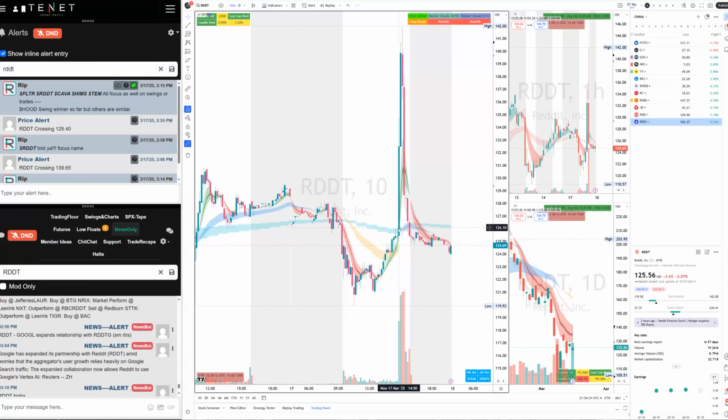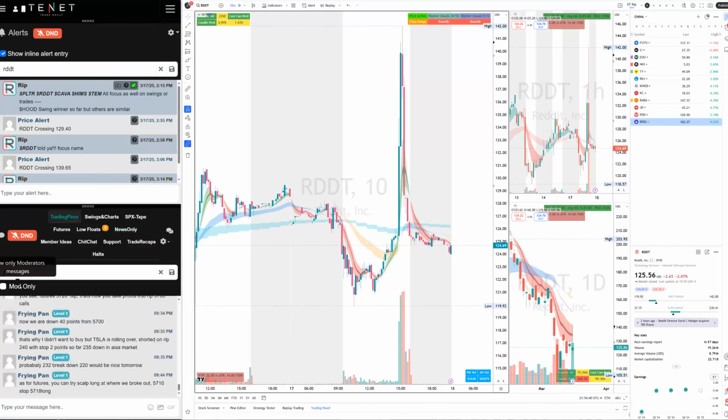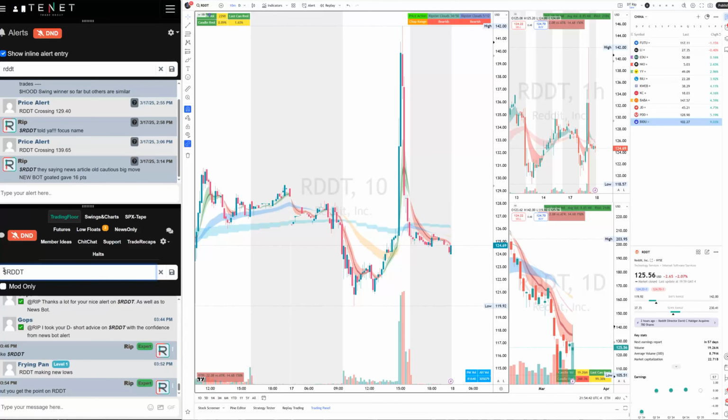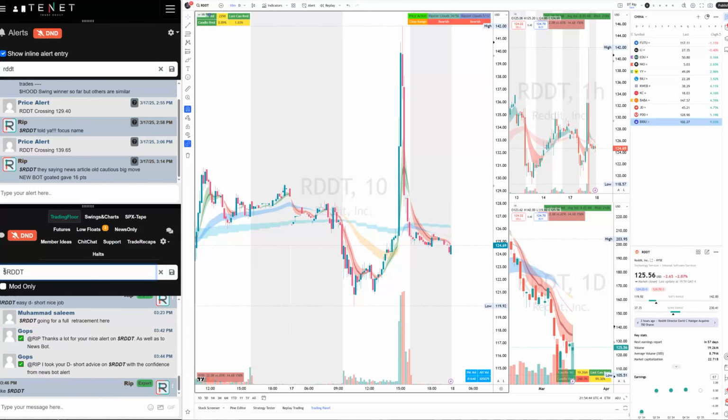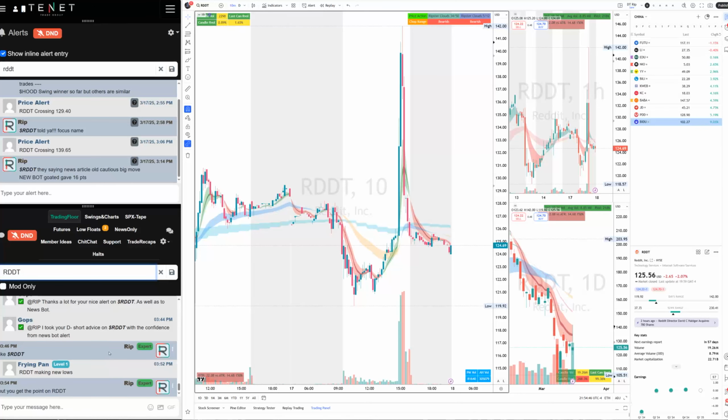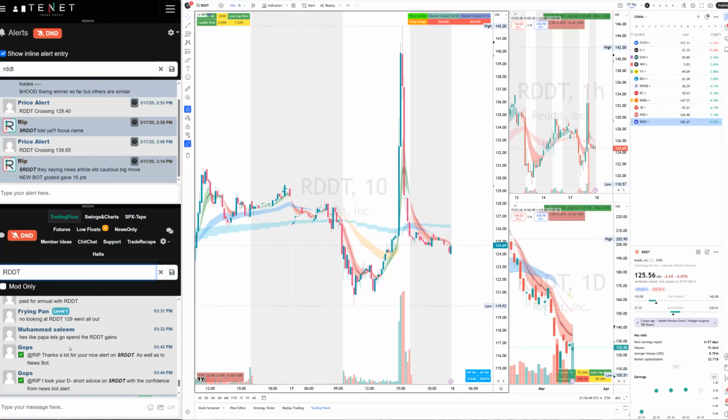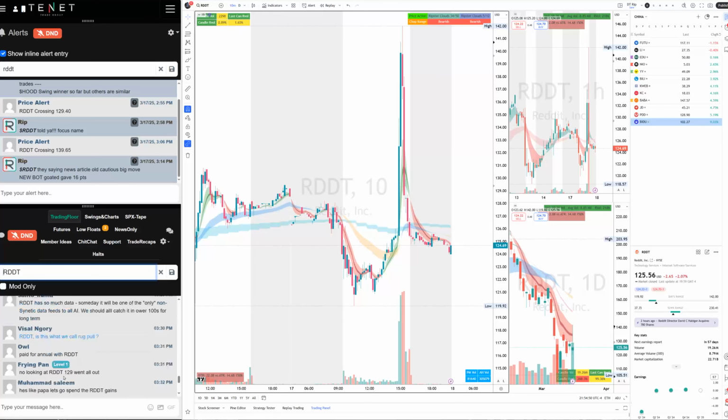Even if you bought 100 shares, you made like $1,500, risking what, $200-300. And all the traders were on top of it in the community on Reddit. You can see that a lot of traders took both ways. GOPS, and a lot of traders.